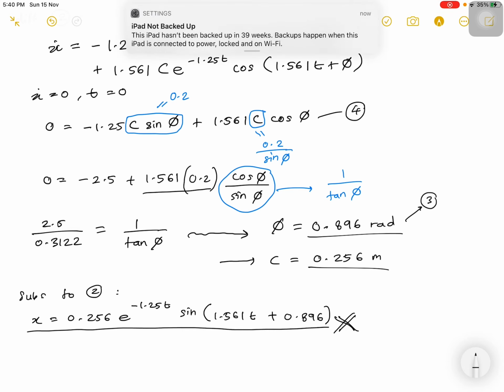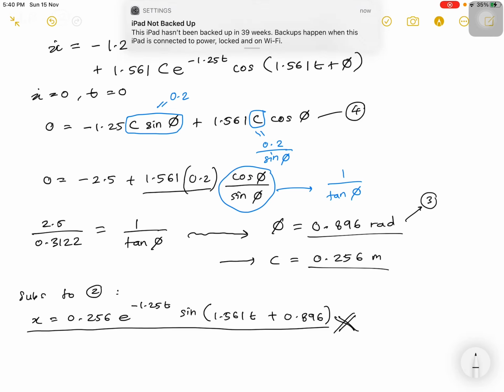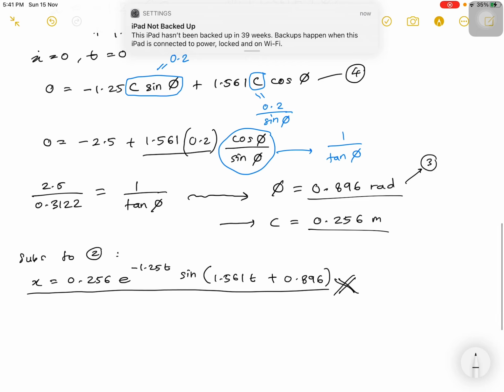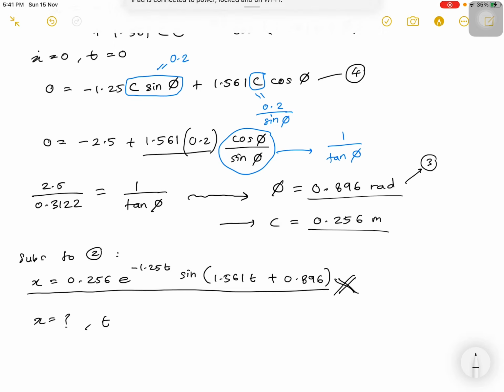So this is the displacement equation, the solution for the problem. This is how the displacement of the vibration behaves. When we continue with the question, it asks what is the displacement when time is equal to 2 seconds.